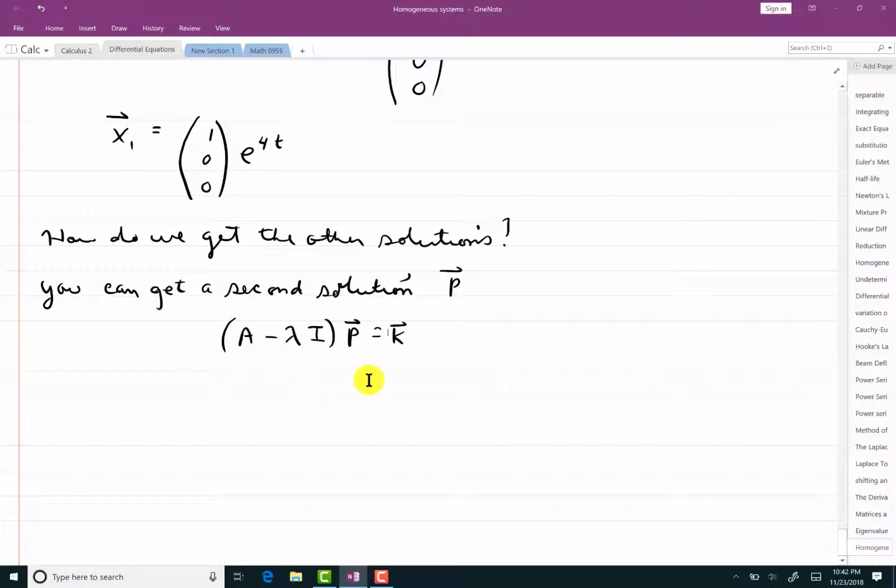So in our case, let's plug in the things that we have. My A was, well, A minus 4I here. We already had that matrix.